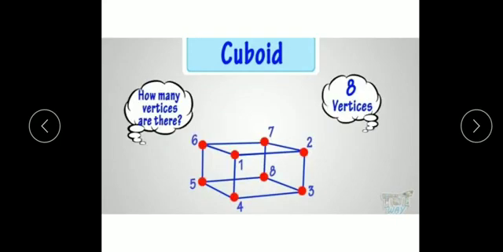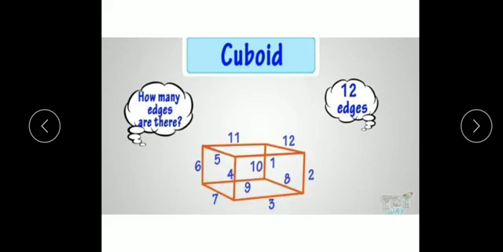Now let's count the number of vertices. Again we have 8 vertices in a cuboid. See, 1, 2, 3, 4, 5, 6, 7 and 8. So there are 8 vertices, or you can say 8 corners in a cuboid. Let's move on. Count the number of edges, meaning sides.